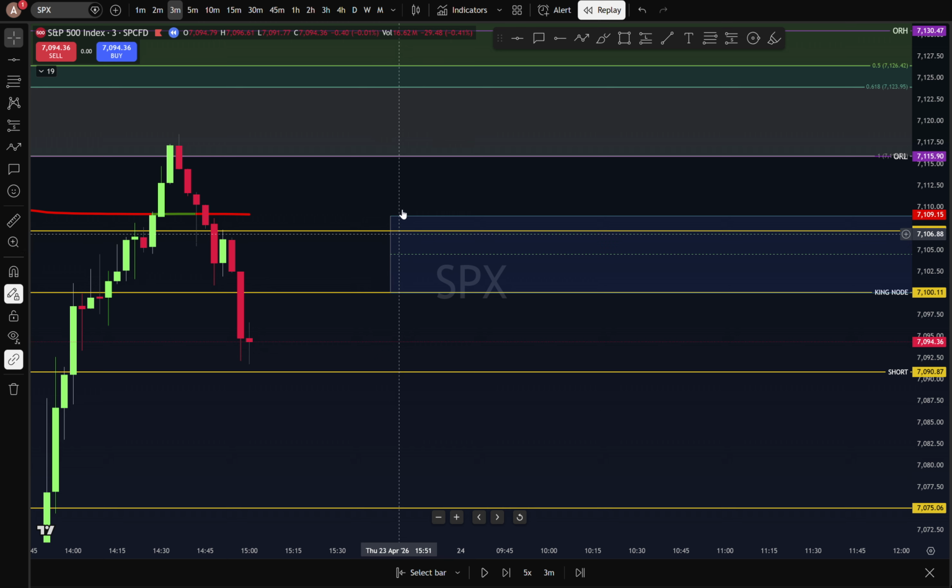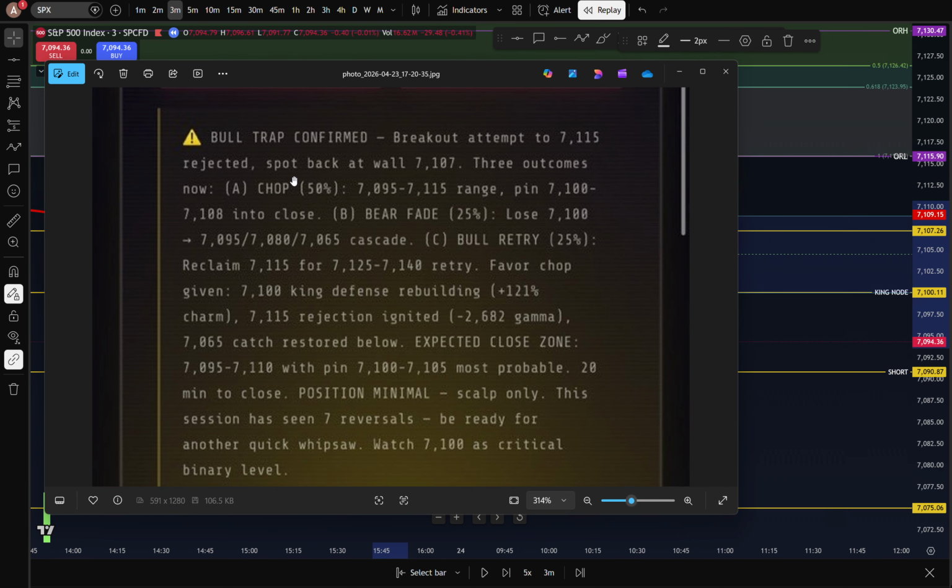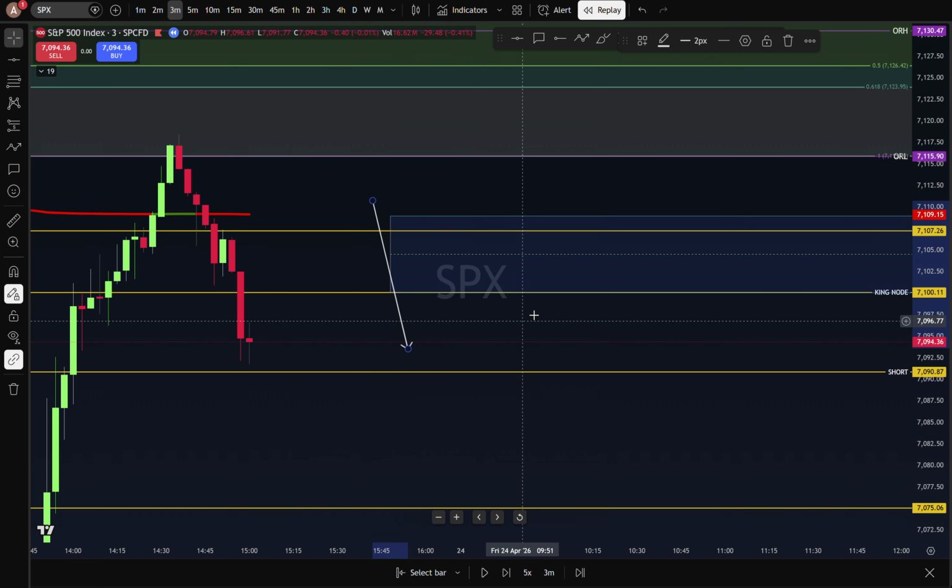Or what you can do, if it pumps here, around 10, then you short back to this range, because it says, listen, the three outcomes chop between 7,095 and 7,115, so it's going to chop around this range, but the close is going to be inside this box, between 7,100 and 7,108.